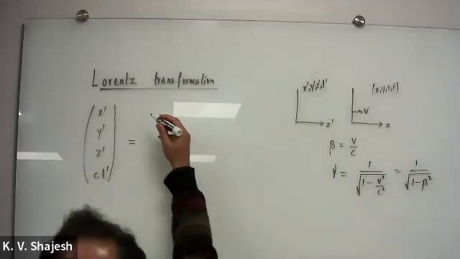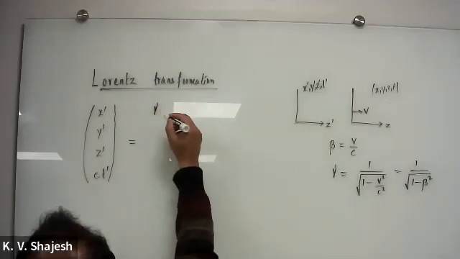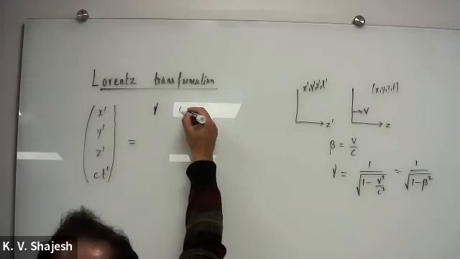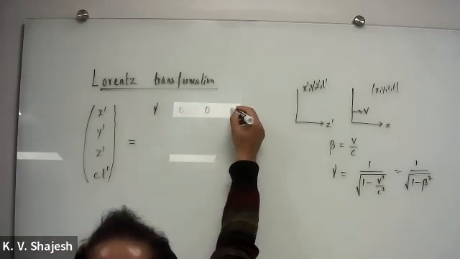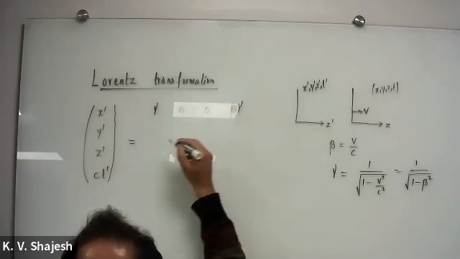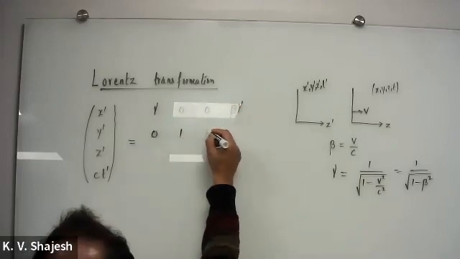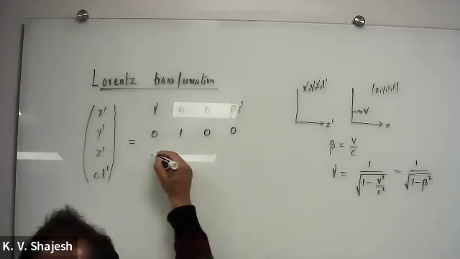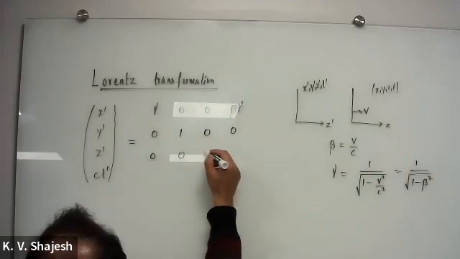So that's equal to gamma, and this is 0, 0, beta gamma.